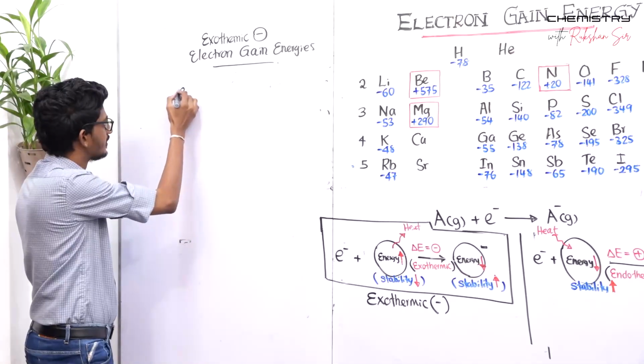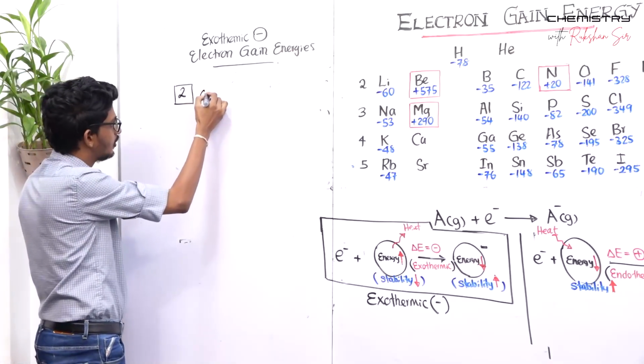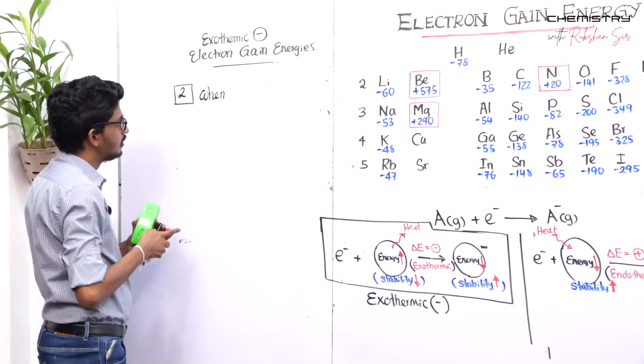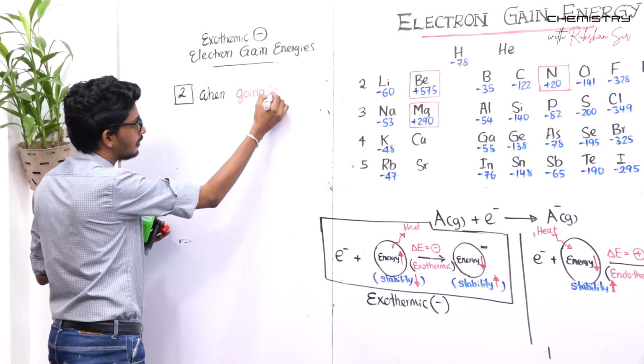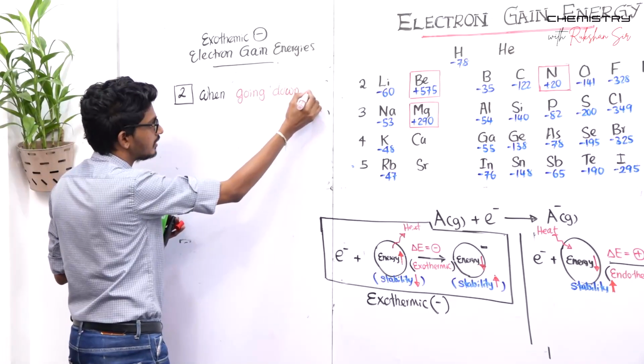The second consideration is all about going down a group.